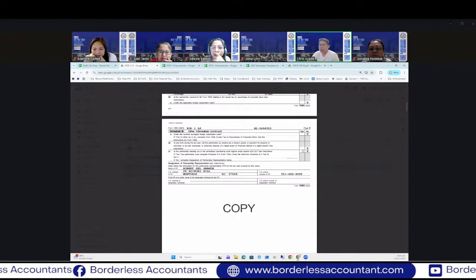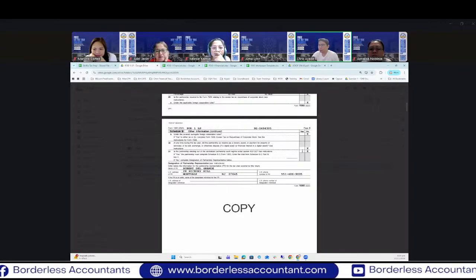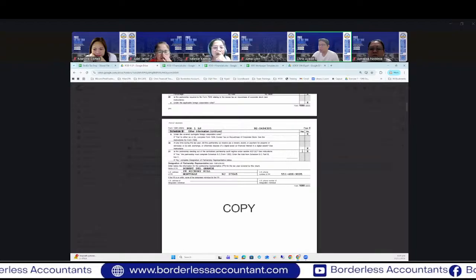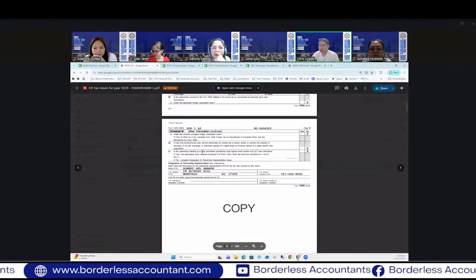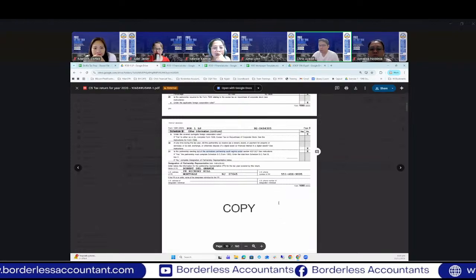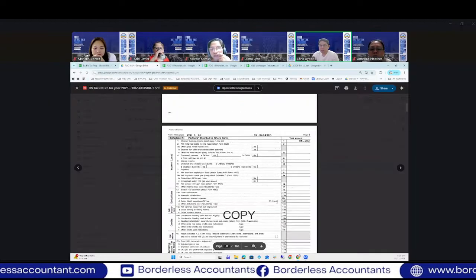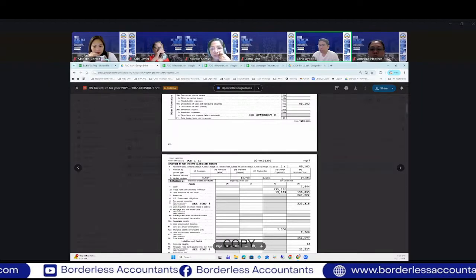When they're not individuals, like there are C Corps, S Corps or partnerships here, or some even are disregarded entities, they're not allowed to elect out of the CPAR. So it's a no, right? In this case, because there are many partners, you can tell that the partners are not all individuals.